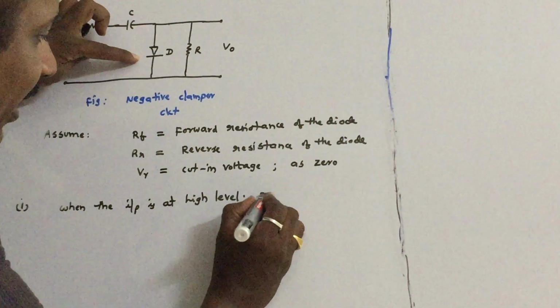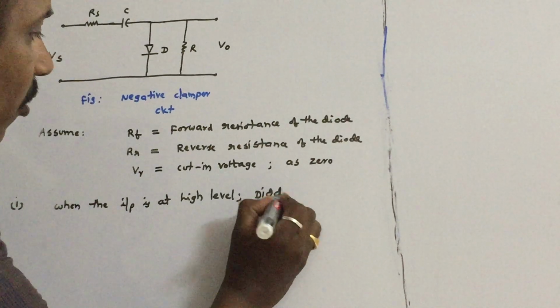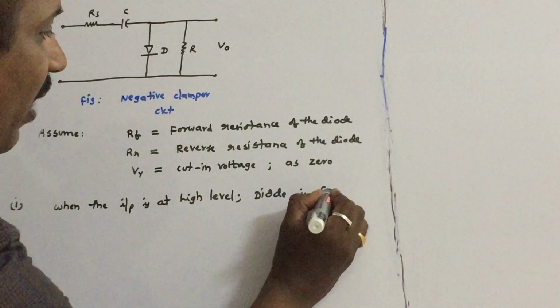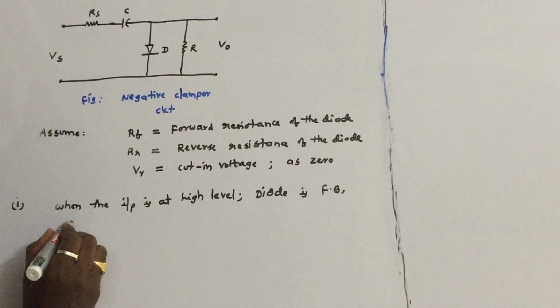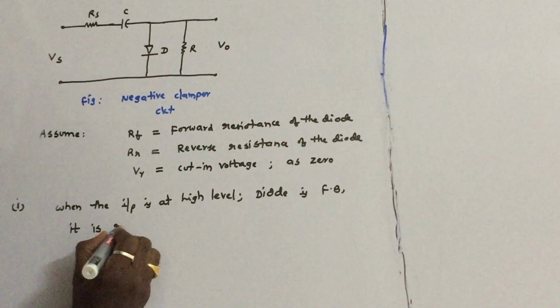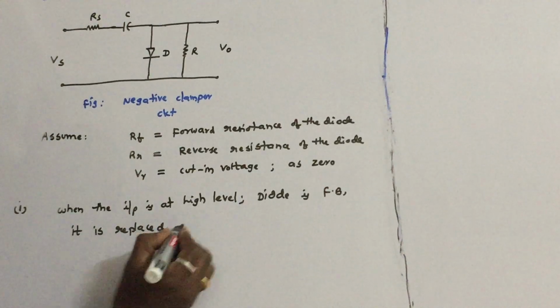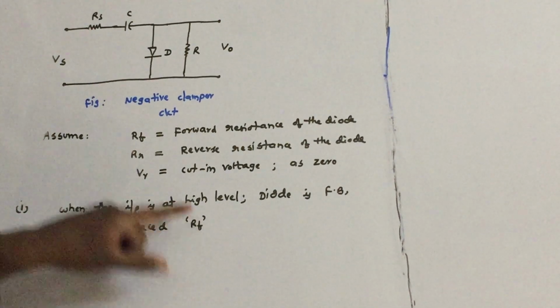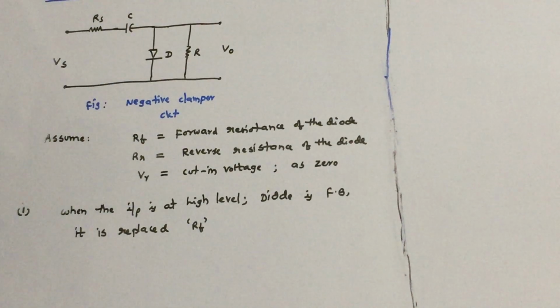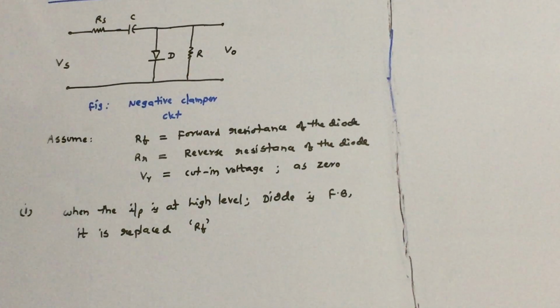That is what you have to write. What is it replaced by? It is replaced by Rf, because its forward resistance is Rf. So just replace the diode by the forward resistance Rf and let us draw the equivalent circuit.